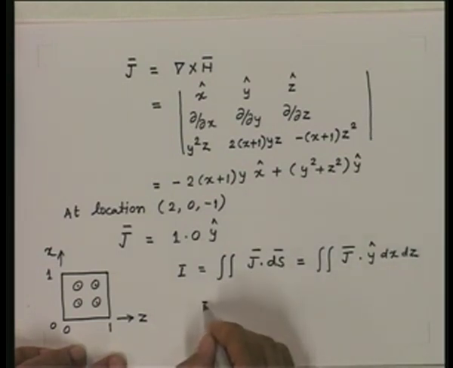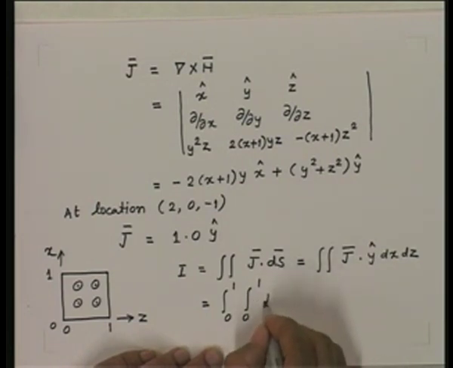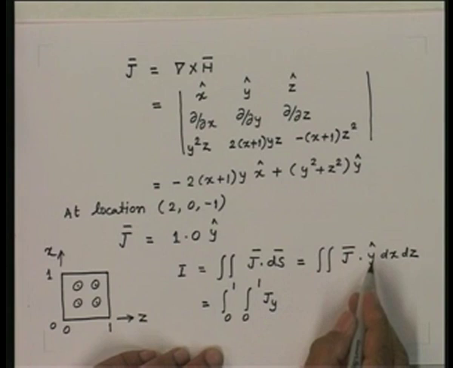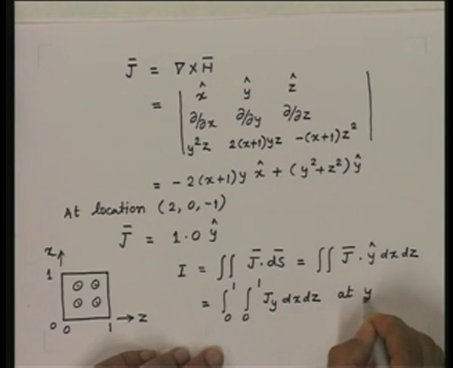If I substitute the limits, x goes from 0 to 1, z goes from 0 to 1, and the current will be only Jy, because the dot product of J and y cap is Jy dx dz at y equal to 1.